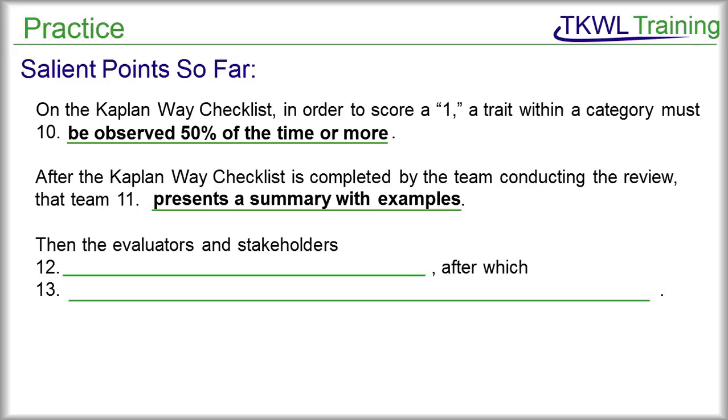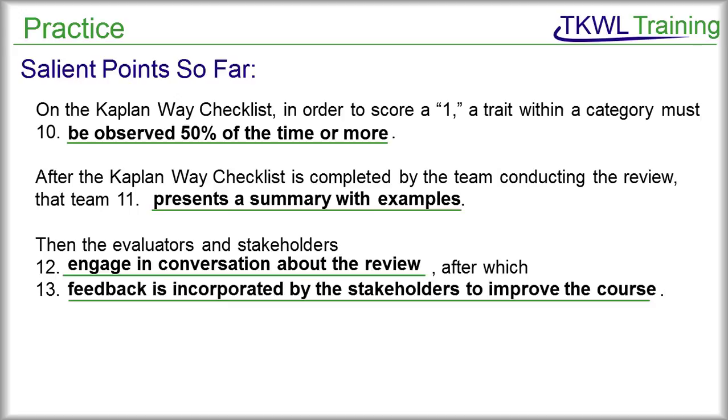Immediately after this, the reviewers and the stakeholders engage in conversation about the review. Hopefully, right away, that high-level learning science-based feedback is incorporated by the stakeholders or content developers or product in order to improve the learning events in their course.